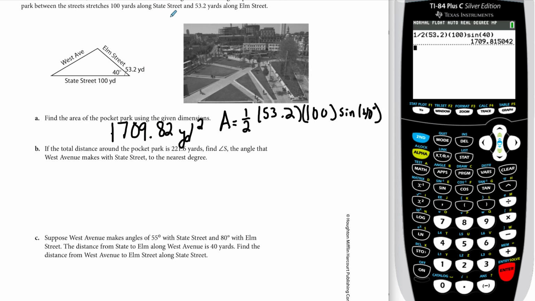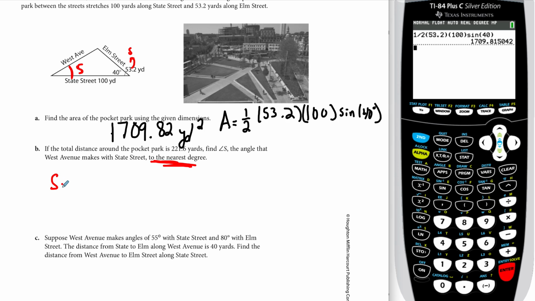We're told it has to be to the nearest whole degree, so that's going to be important. So I'm going to mark this off, and this is my angle S. This is kind of a bad drawing; this is supposed to be up here as little s.